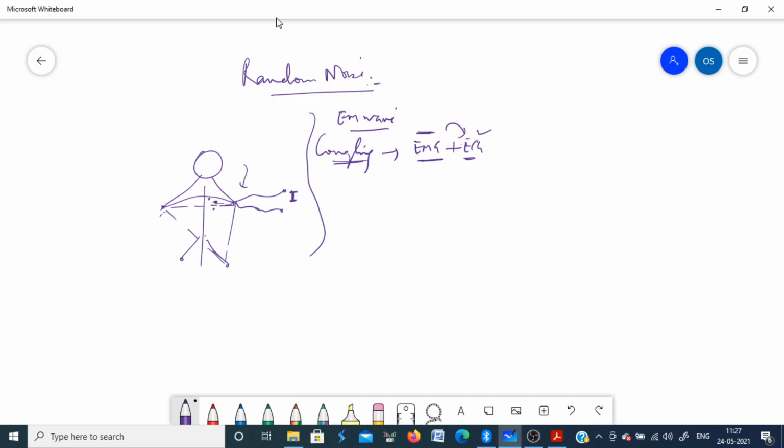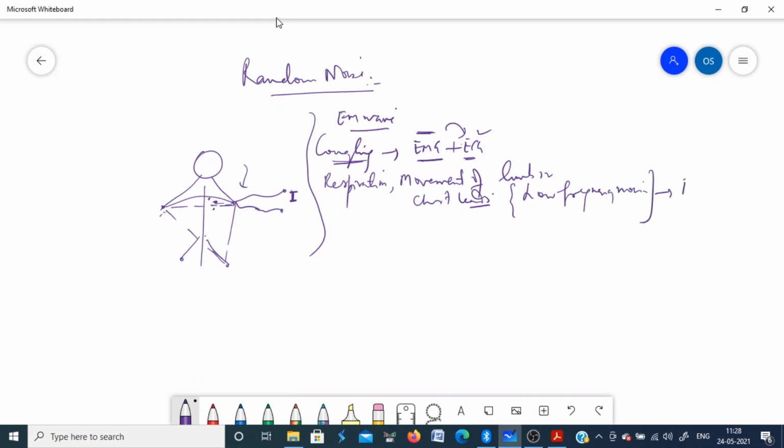Okay, similarly, during data recording, if the patient moves, or sometimes due to respiration activity, or due to the movement of limbs or chest leads, there is a low frequency noise which gets added to this signal, which we call baseline wander.